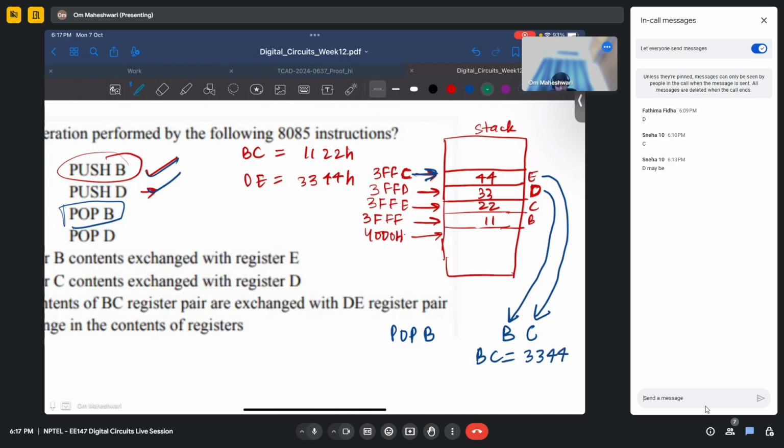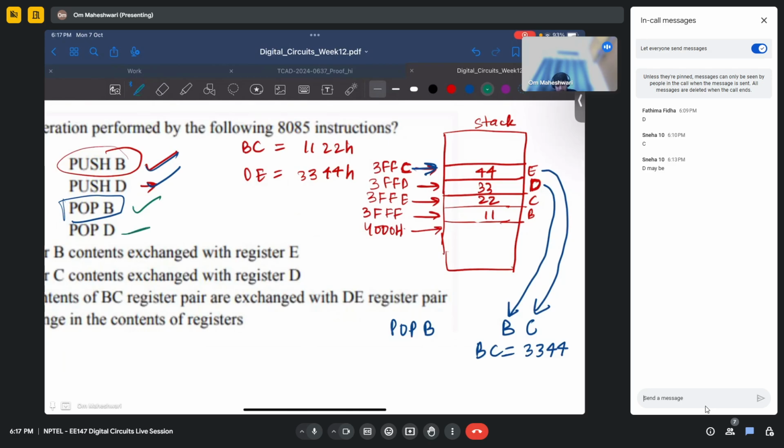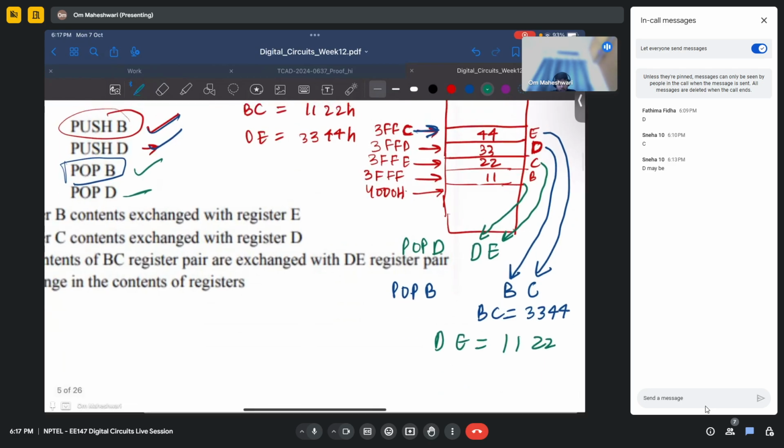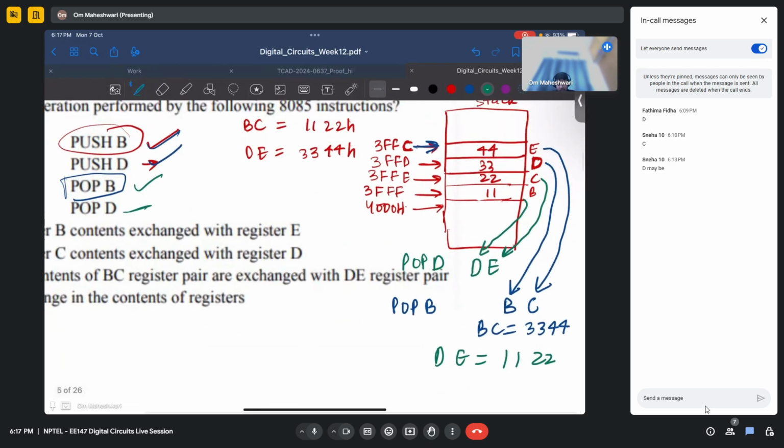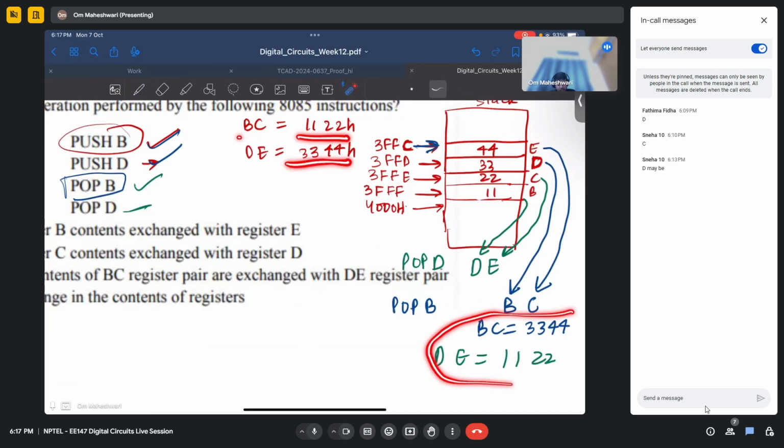Then you do pop D. Then in your DE pair, content of C will come in E, content of B will come in D. So your DE register pair will now contain 1122. Now if you see, initially BC had 1122, DE had 3344, but now it is the opposite. So BC and DE have interchanged their values.